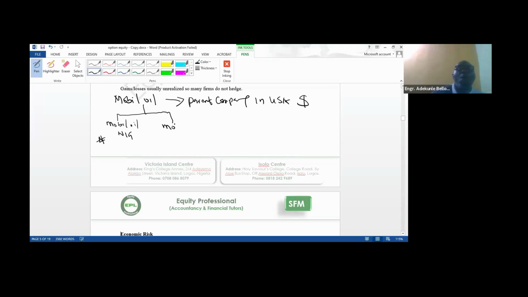You have Mobil Oil Ghana with a currency of cedi. You have Mobil Oil South Africa with currency rand.